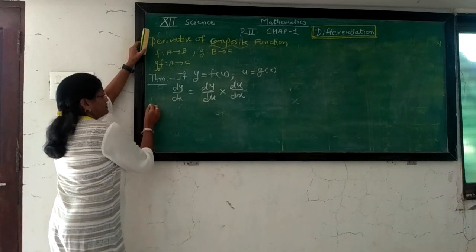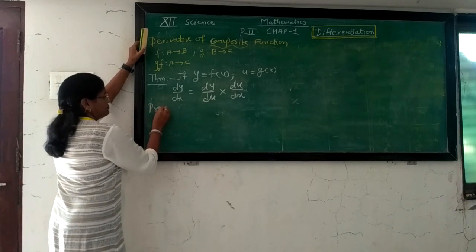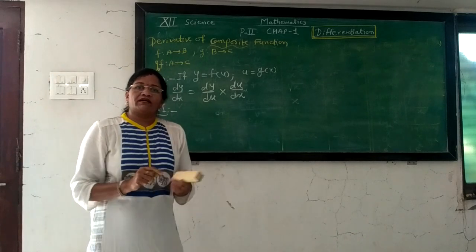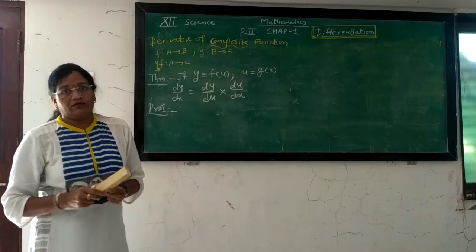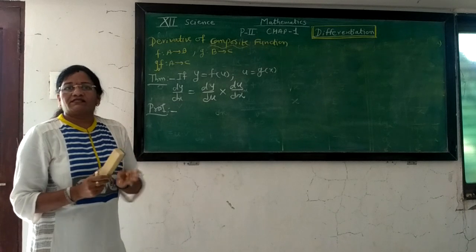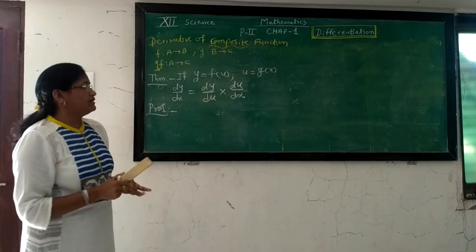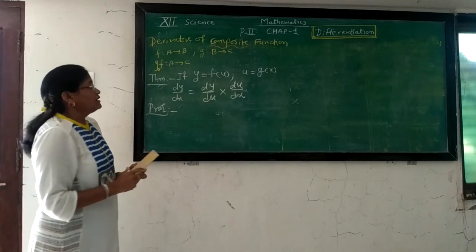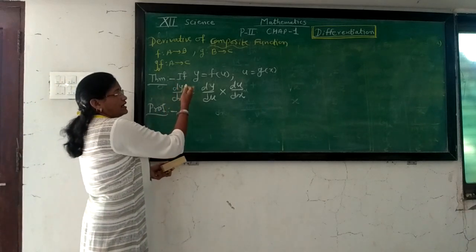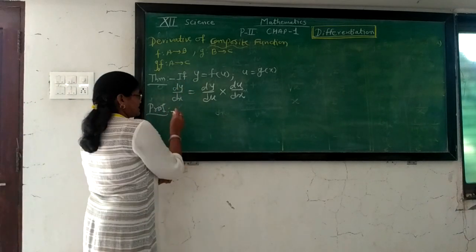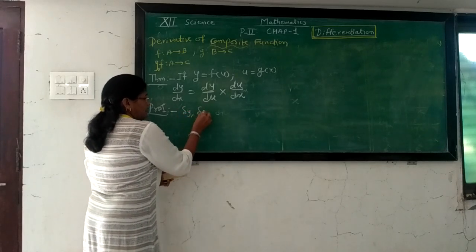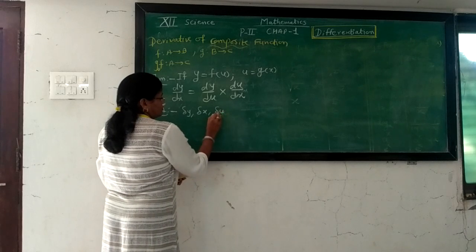Here we try to understand the proof of that theorem. Remember that we can always prove this result by using the Leibniz rule. The Leibniz rule gives a statement for small increments in the corresponding variables. Here the variables are y, u and x. For this case we can take delta y, delta x, delta u.